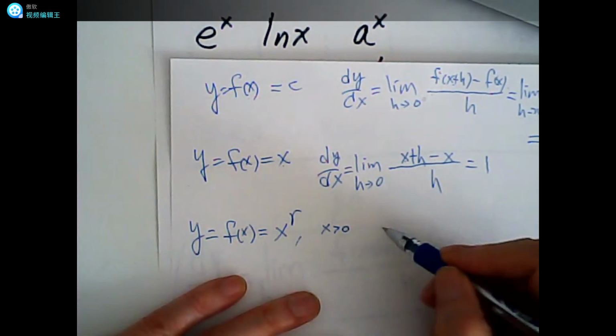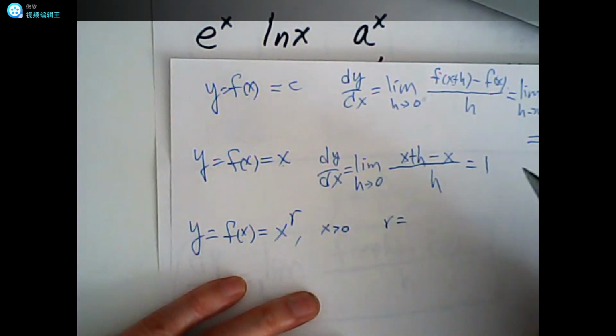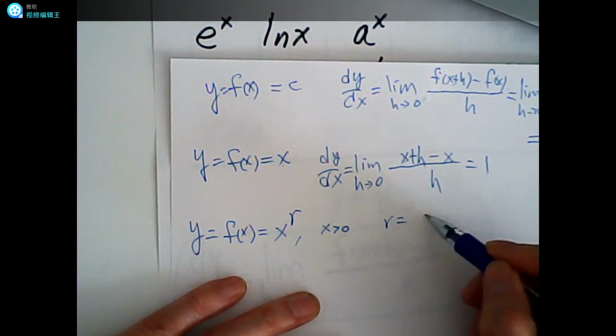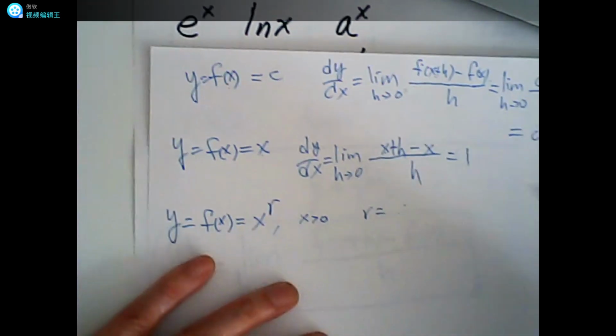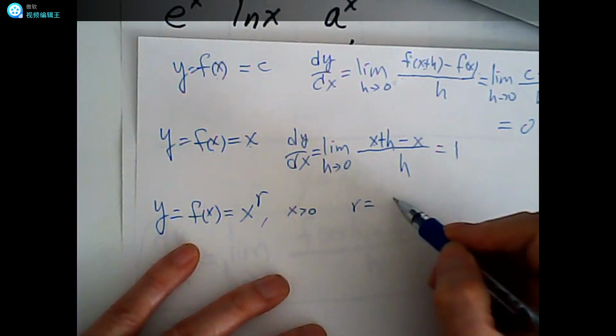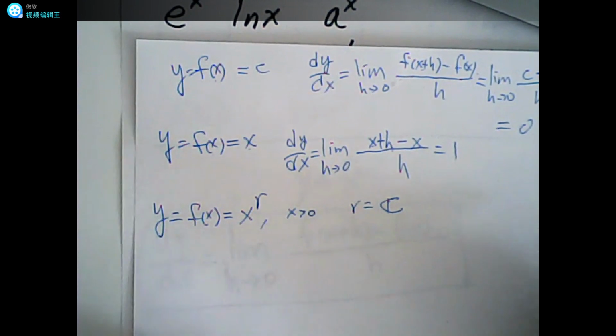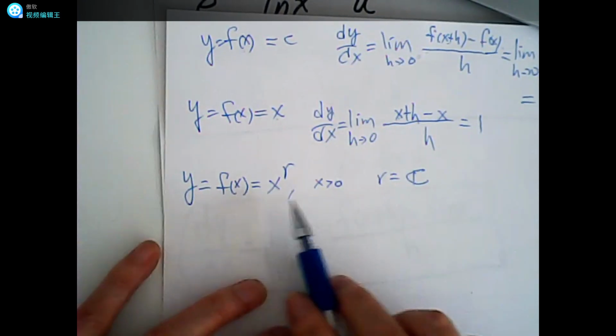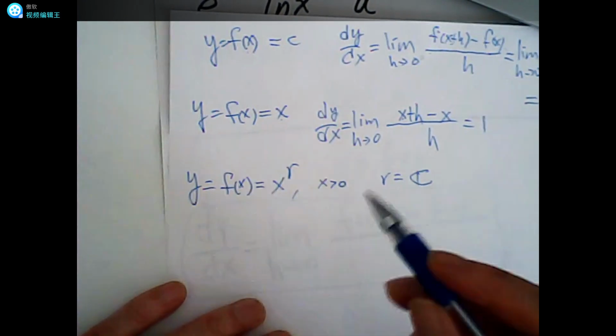Now r could be any number. r could be an integer, real number, rational, even complex numbers. Okay, let's find the derivative of this.